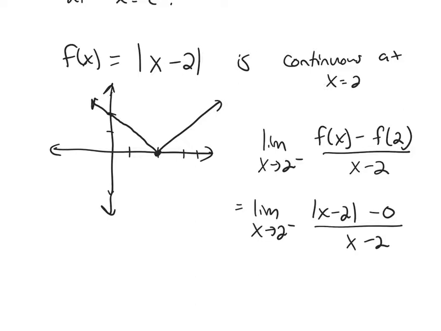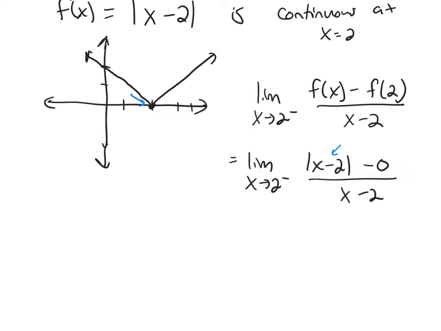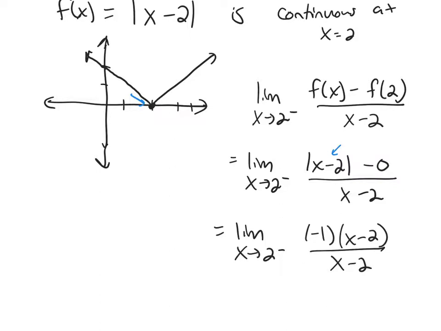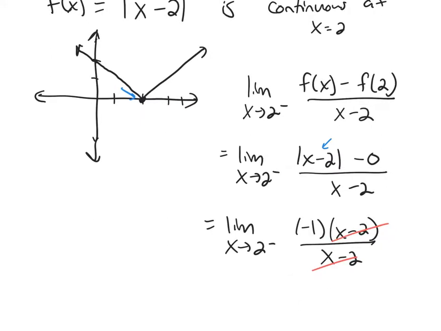If I'm approaching from the left, then x minus 2 will be negative. And when you take the absolute value of a negative number, it's going to change signs. So here, the limit would be negative 1 times x minus 2 over x minus 2. It's because x minus 2 is negative, so I have to multiply it by negative 1 to make it positive. And now these x minus 2's cancel, and I'm just looking at the limit of negative 1, which would be negative 1.